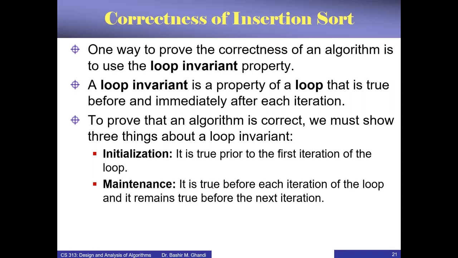That the loop invariant is true before each iteration of the loop, and it remains true before the next iteration. So it's going to be true before and after each iteration, basically. And finally, the termination part. We need to show that the loop invariant is true after the last iteration.